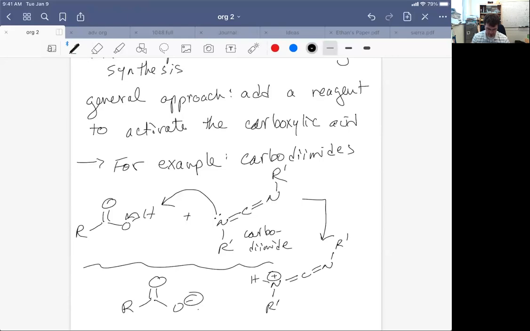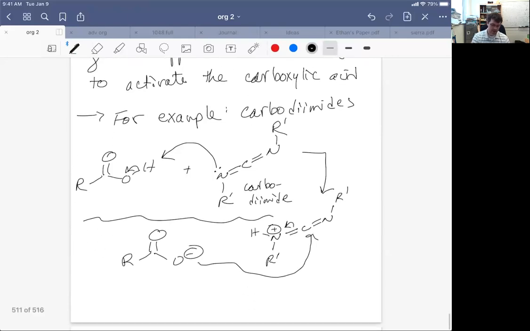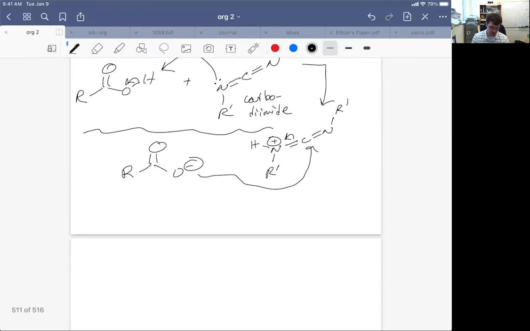Now the carboxylate is going to add to the carbon of the carbodiimide to make an adduct, where we neutralize the nitrogen that accepted the positive charge in the first step, and then we have this weird, awkward structure at the end.